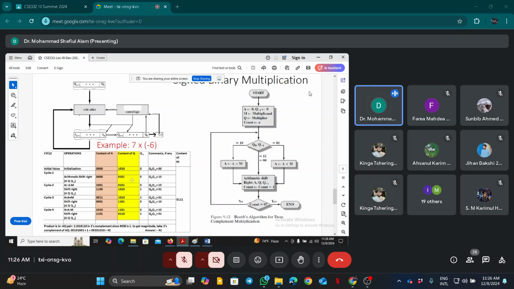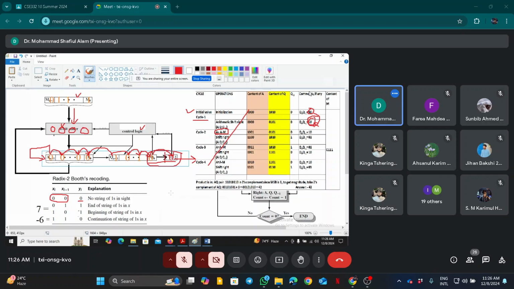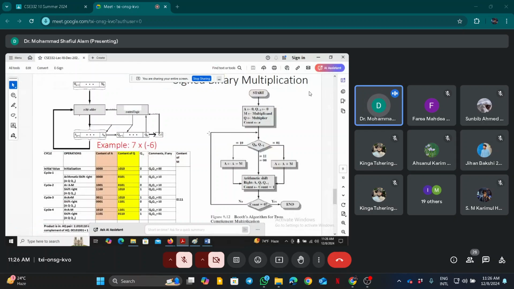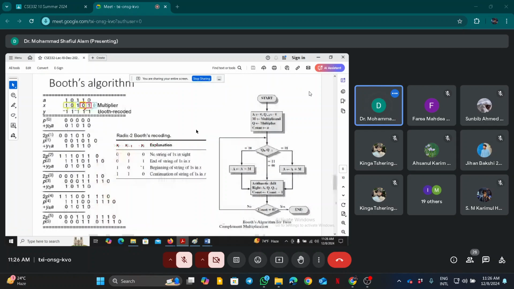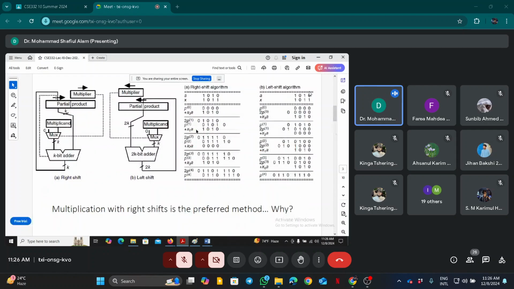But if we ask you to explain the right shift or other multiplication algorithms, then you need to draw the block diagram of the probable implementation and an example. Okay? Thank you, sir.